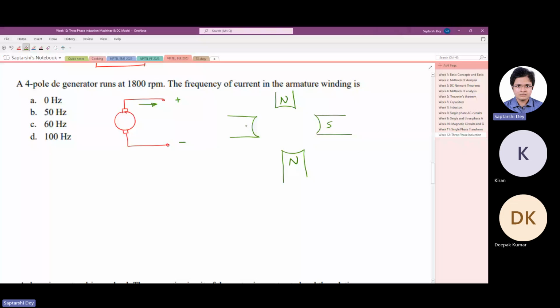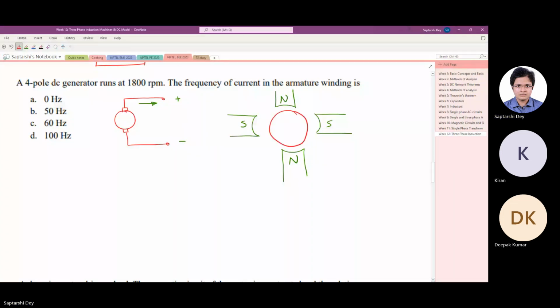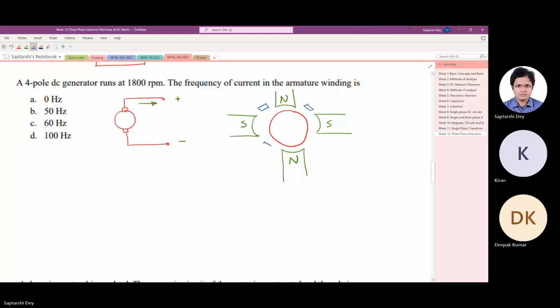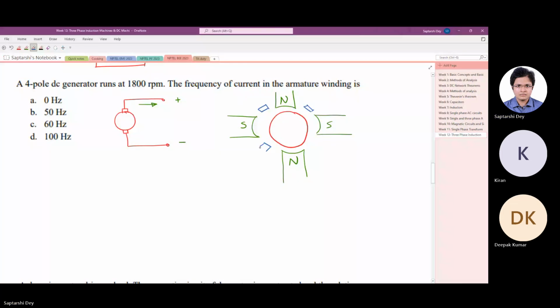Okay, and the armature is on the rotor here. And where are the brushes? The brushes are always put in the interpolar region. So one brush is here, one brush is here, one brush is here, other brush is here.